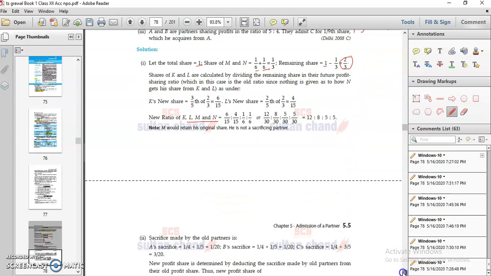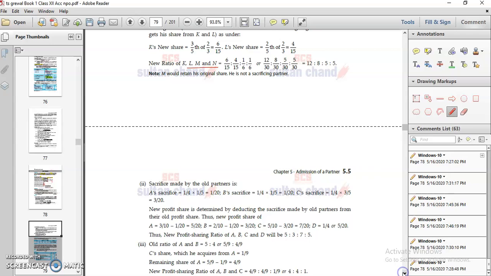They ask you for the new ratio or sacrifice. We know how we can calculate the new ratio. I made you understand in the last video that if you are calculating the new ratio, you have to calculate the sacrifice, then deduct this sacrifice from the old ratio of old partners, and then you get the new share. So let's see. A 1/4 share is given to D. Now this is called the total share.